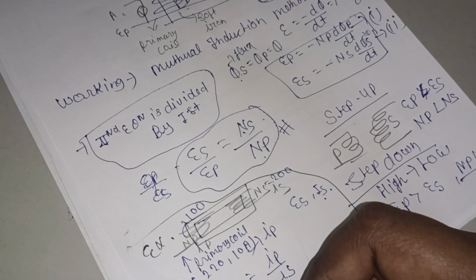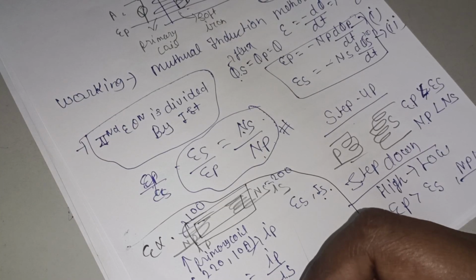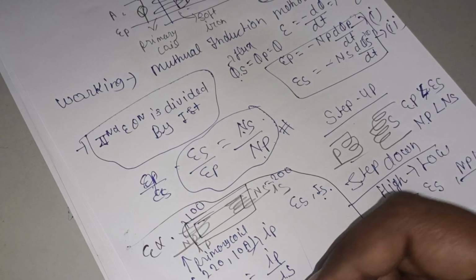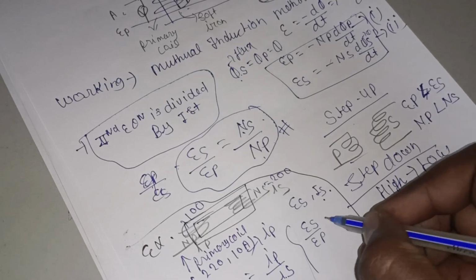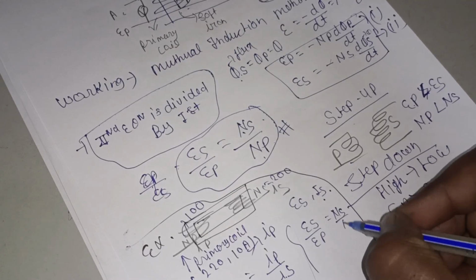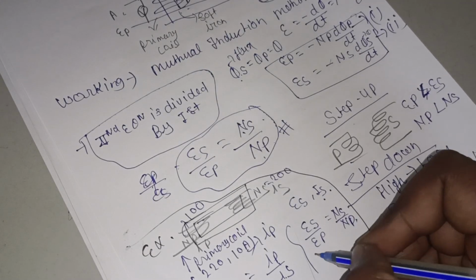Both values are given. So first of all we have to find ES. ES upon EP is equal to NS upon NP. These are both given, so we can find ES.